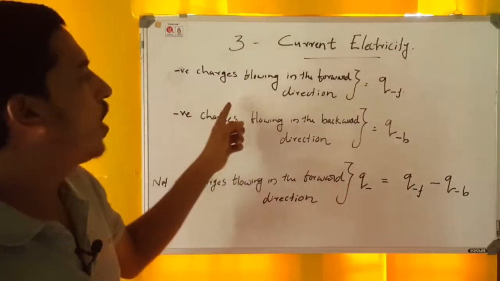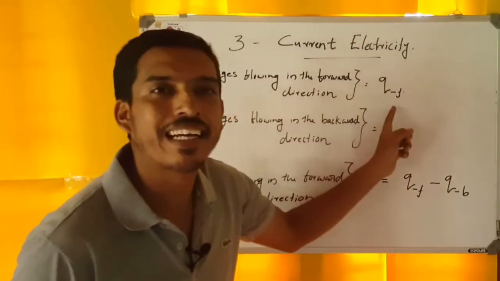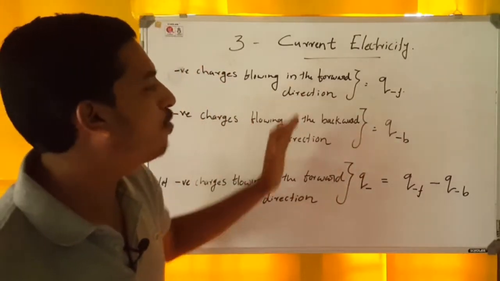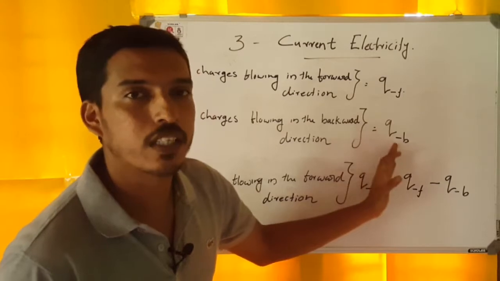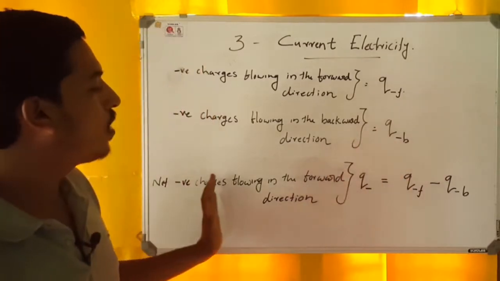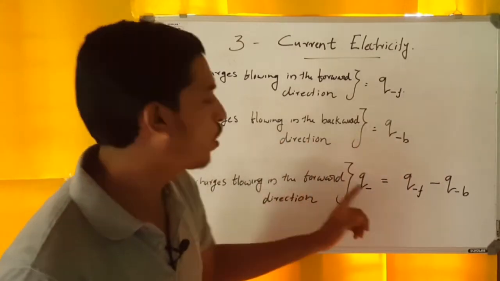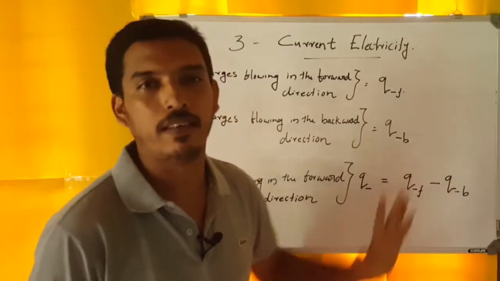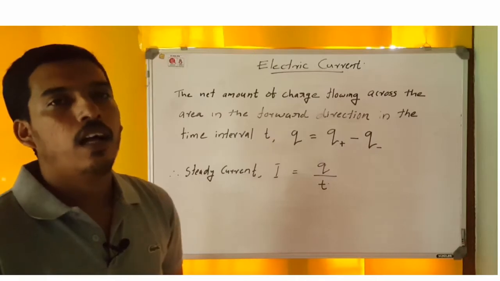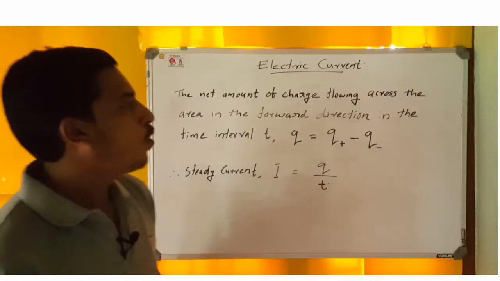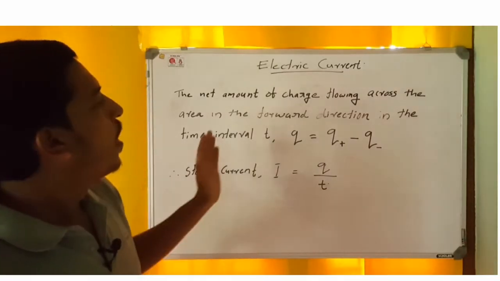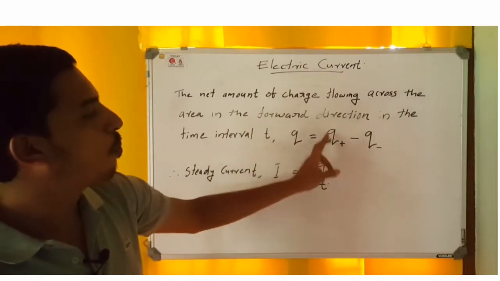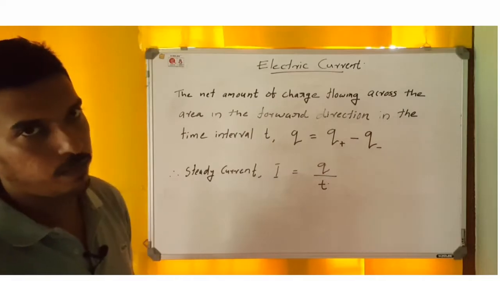Now, the negative charges flowing in the forward direction can be taken as Q minus F, and the negative charges flowing in the backward direction can be taken as Q minus B. If so, the net negative charges flowing in the forward direction, Q minus, is equal to Q minus F minus Q minus B. Then the net amount of charge flowing across the area in the forward direction in the time interval t can be written as Q is equal to Q plus minus Q minus.